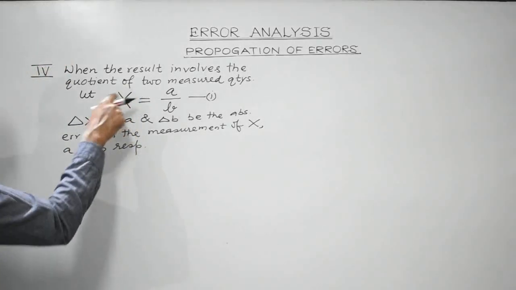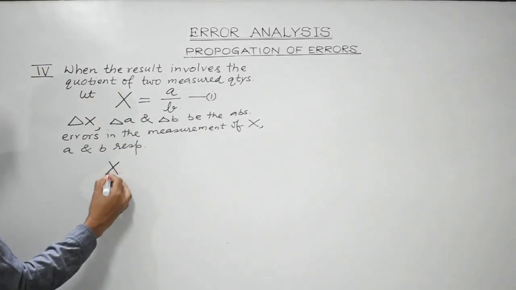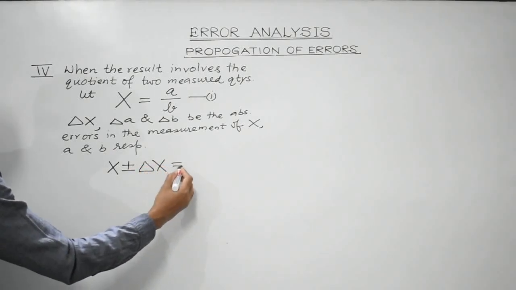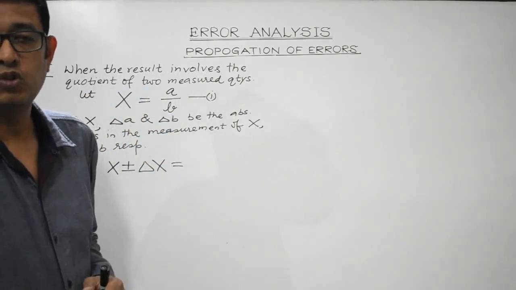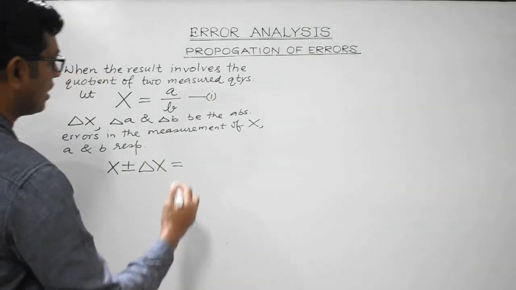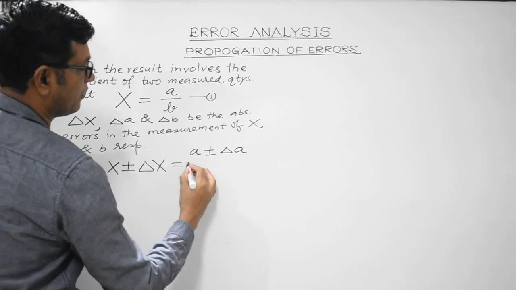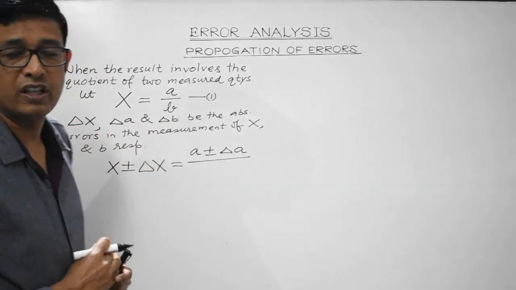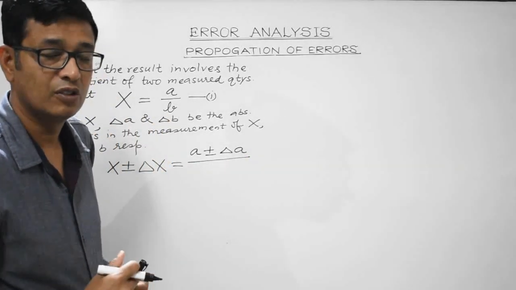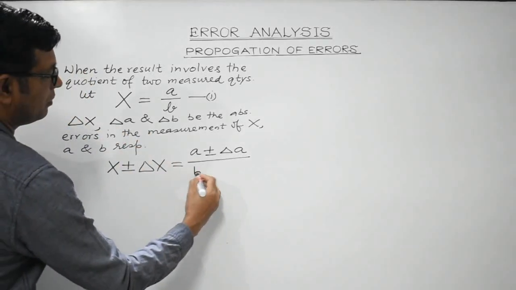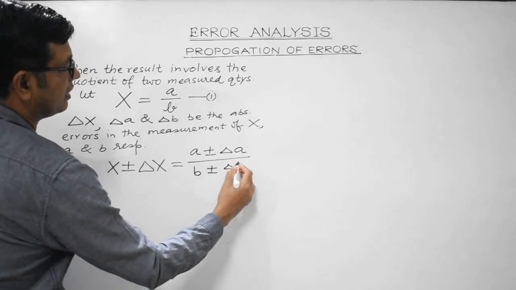When we write x in terms of absolute errors, it can be written as x plus minus del x. In terms of absolute error, a will be represented as a plus minus del a. Del b is the absolute error in the measured value b, so b will be written as b plus minus del b.